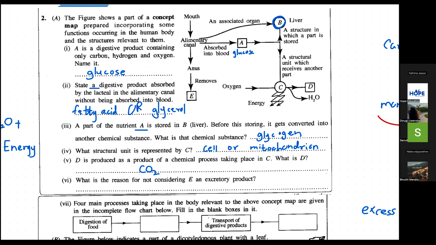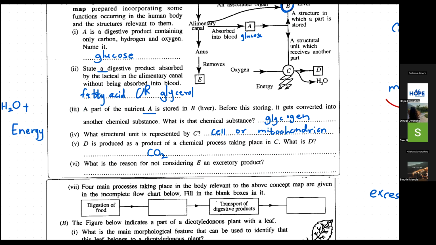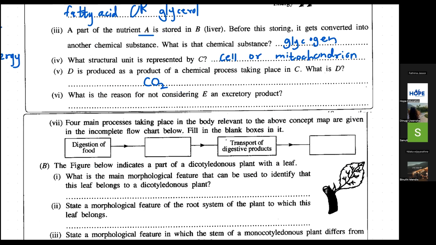In a chemical reaction, the main product is important for us, but the other products are what we call waste products. But feces is just undigested material from the food that we eat. So it is not an excretory product because it is not a product of metabolism.